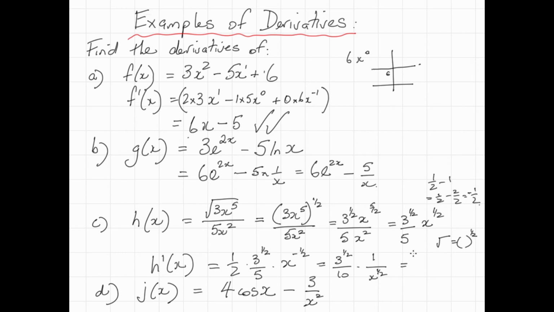So this can be root 3, so root 3 on 10 times 1. So that'll be root 3 on the numerator. 10 times, now x to the half is square root of x. So there's an answer for the derivative. It'll be root 3 over 10 root x.